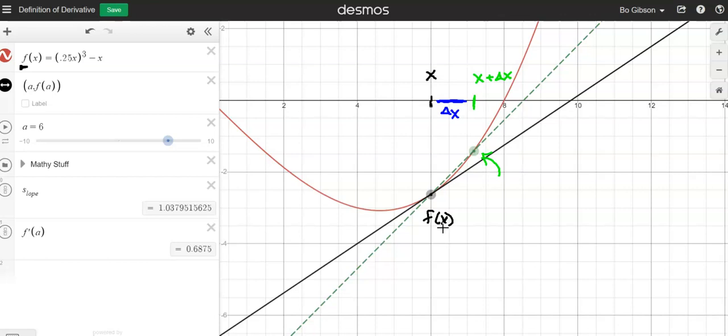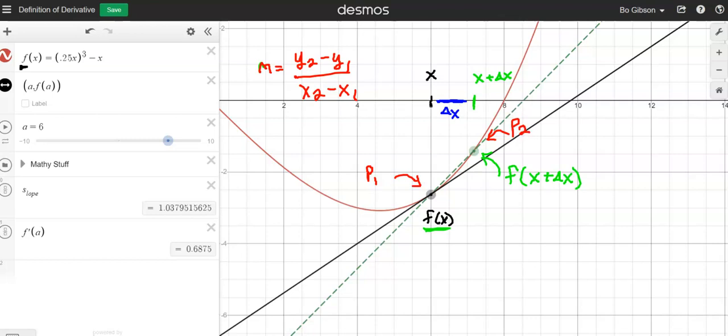And by the same logic as calling this f of x, this y-coordinate would be f of x plus change in x. Okay? And normally when we talk about slope, when I say normally, I mean when we were younger, we would say slope is y2 minus y1 over x2 minus x1. I want to keep that in mind, and we'll think of this as point 1, and this as point 2.